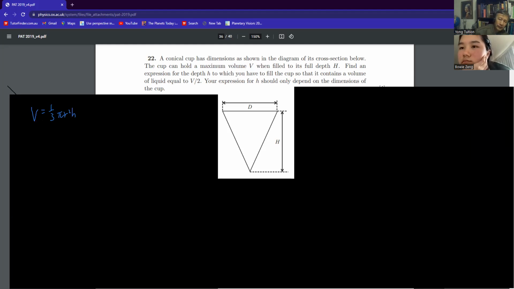You have forecast the formula for a small h is halved. Okay, that's right. Good idea. It should only depend on the dimensions of the cup.